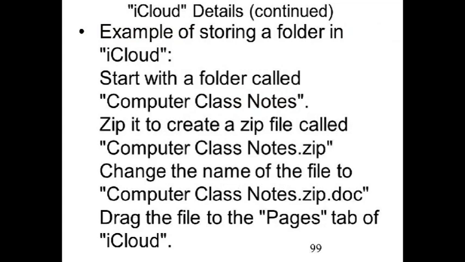It's a folder full of DOC files. I zip it. I right-click on it and compress it. Then I rename it to computerclassnotes.zip.doc, and then I drag it to the Pages tab of iCloud, and the iCloud storage service says no problem.